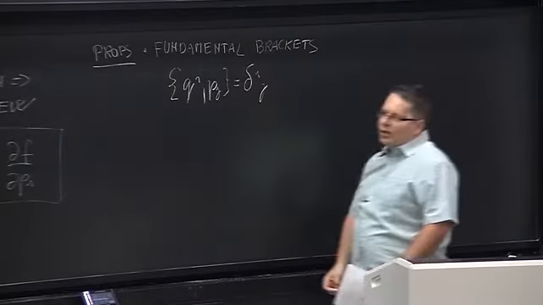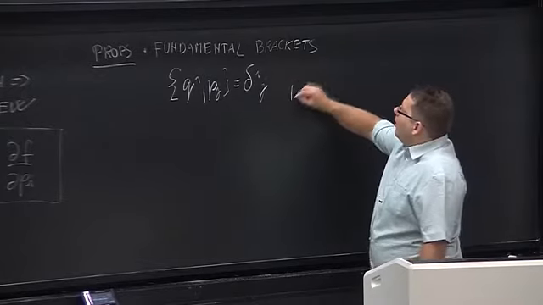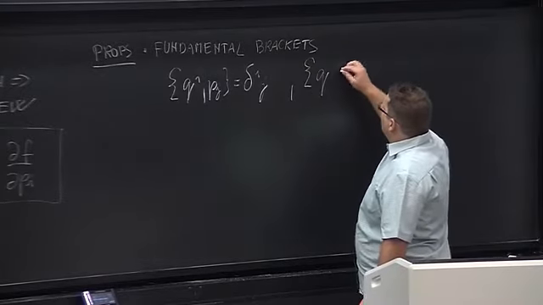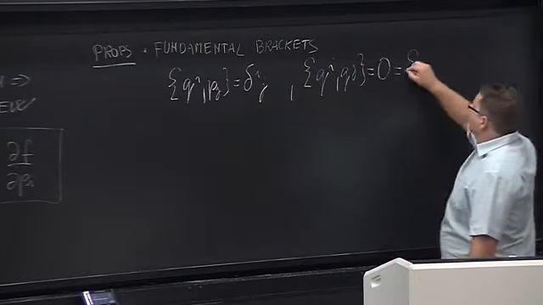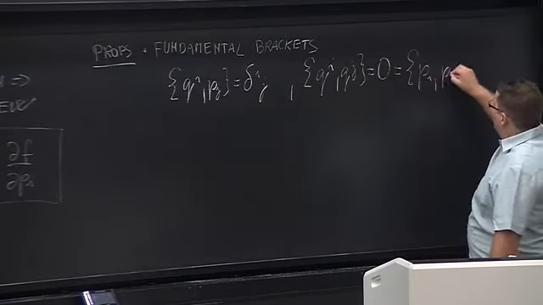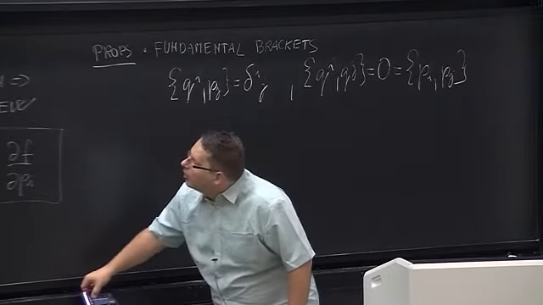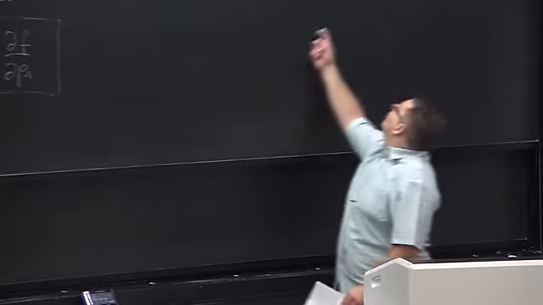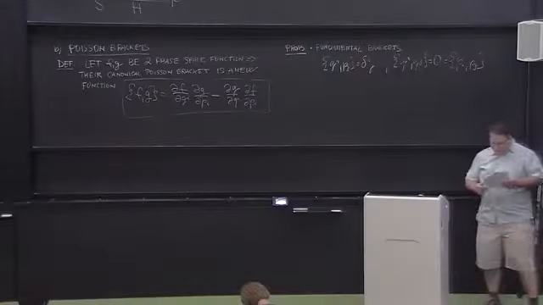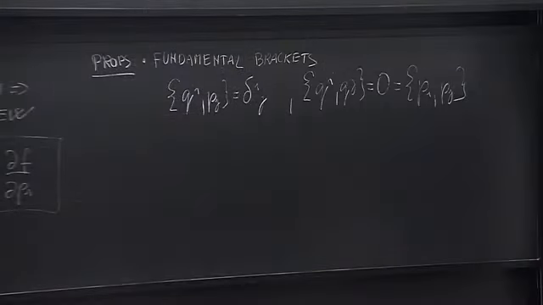That's the canonical delta: it's equal to 1 if i equals j, or 0 otherwise. And then the brackets of q_i, q_j are always 0, and so are p_i, p_j. From the definition, it's almost obvious: I differentiate once with respect to q and once with respect to p, so for example, if I have 2 q's, you must get 0 immediately.